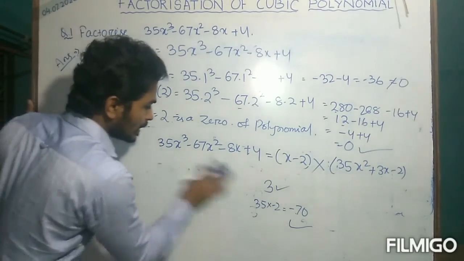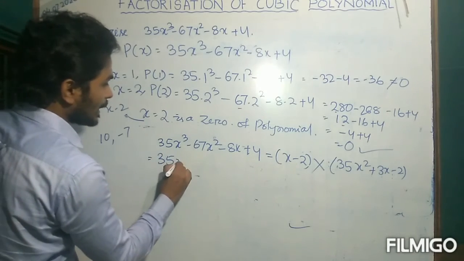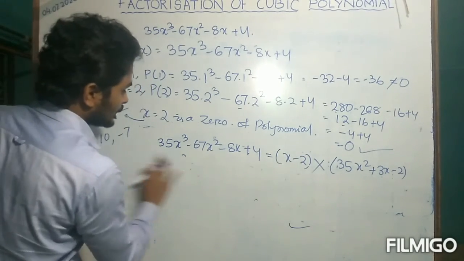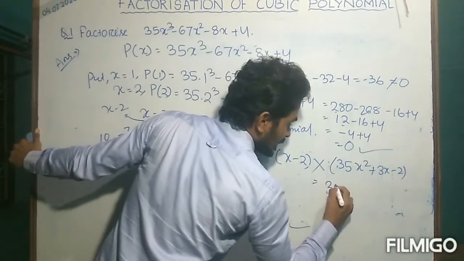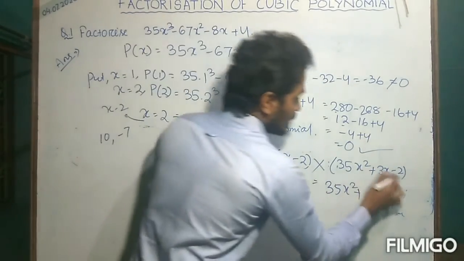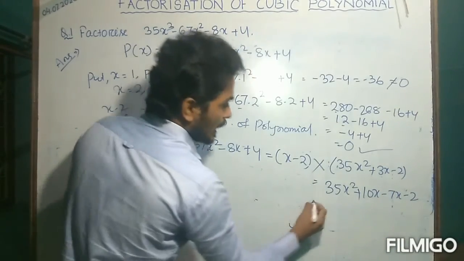So I am writing this. 35x square plus 3x becomes 10x minus 7x minus 2.